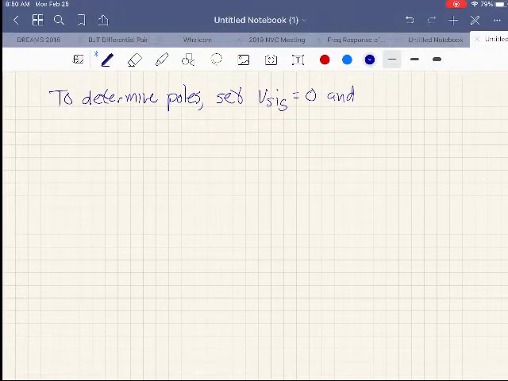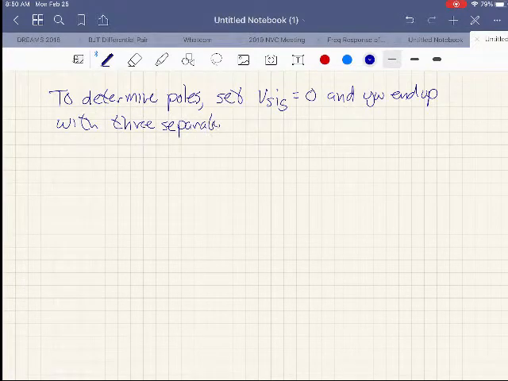You're going to end up with three separate circuits. If you recall back to your introductory electronics course, you talked about reducing sources to 0. Remember, you short a voltage source, you open a current source. So let's take a look at each of these circuits.